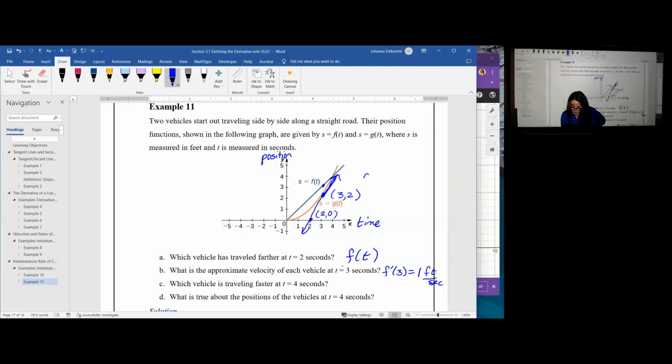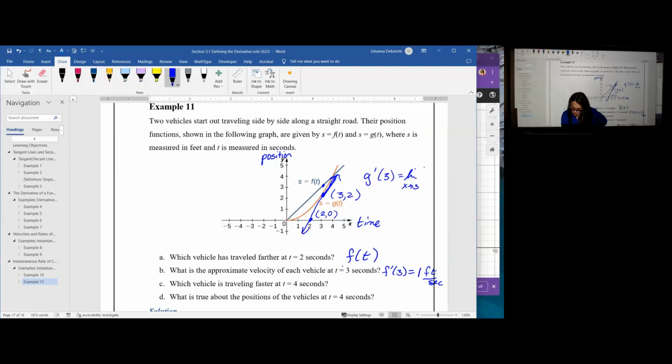So I compute g prime at 3 by taking the limit of the slope, the difference quotient. In this case, this is going to be as my value gets close to 3. And I can use the slope that I've estimated for my actual value.